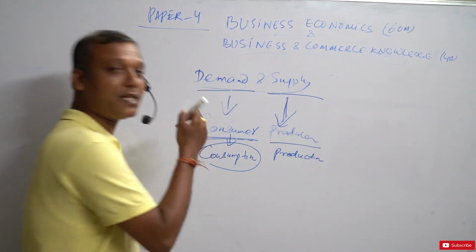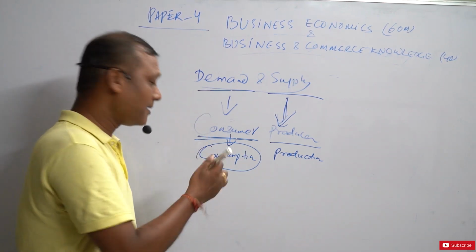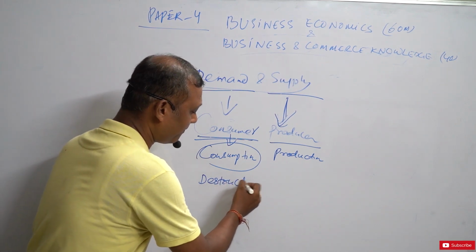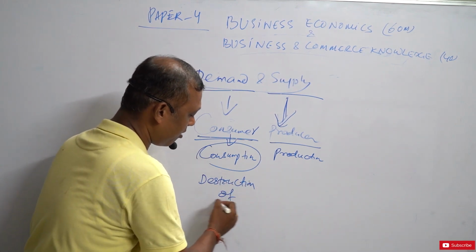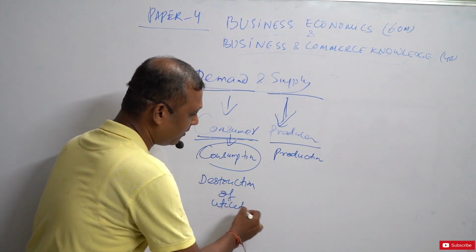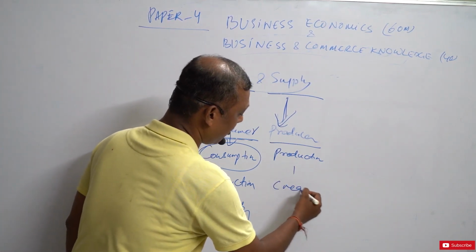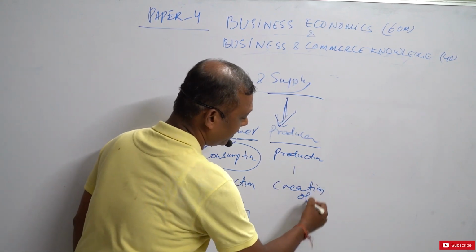That is called consumption. Consumption means destruction of utility, and production means creation of utility.